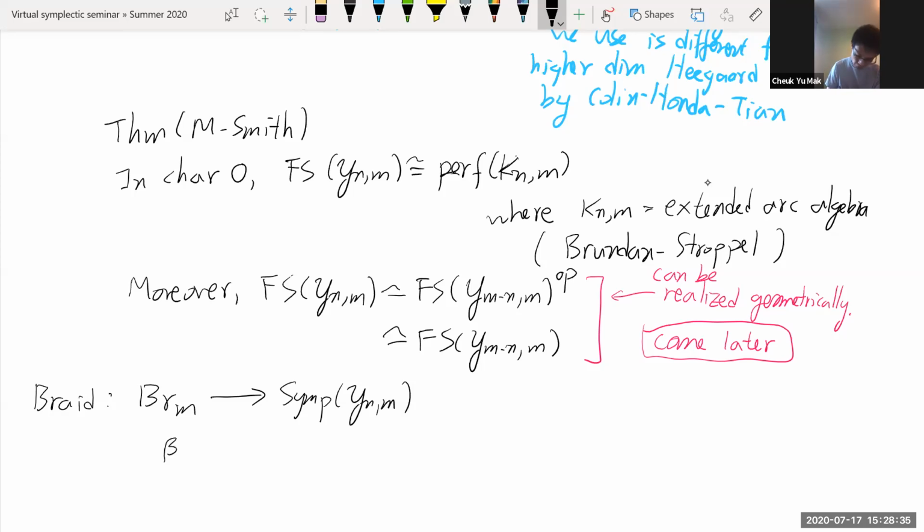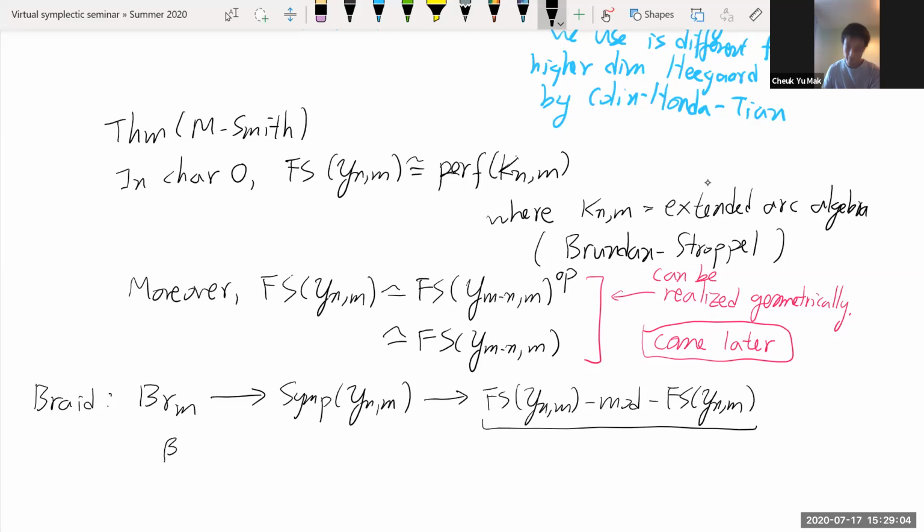And if you forget about the technical difficulty at infinity for the moment, then you will expect that it sends a braid to a bimodule over the Fukaya-Seidel category of YNM. This is my notation for bimodule.